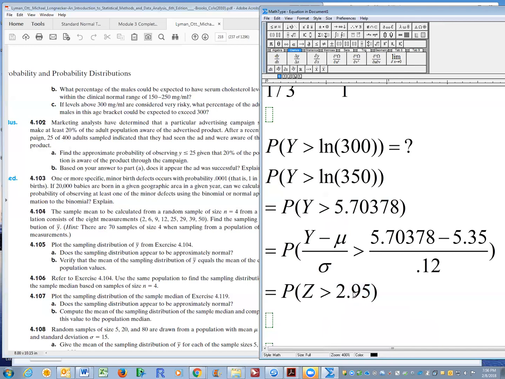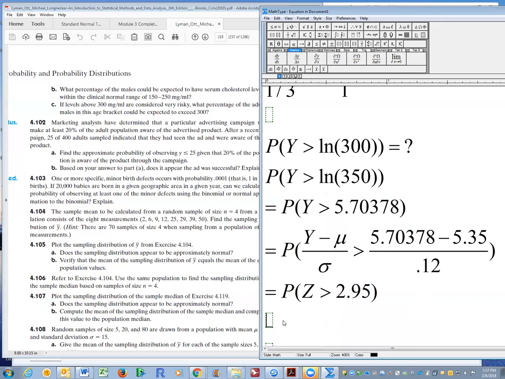When you start to get real far out in the tail of the distribution, we need to be a little extra careful. I think probably what's making it that considerably different is dividing by this smaller number 0.12. I think that's throwing it a little bit.